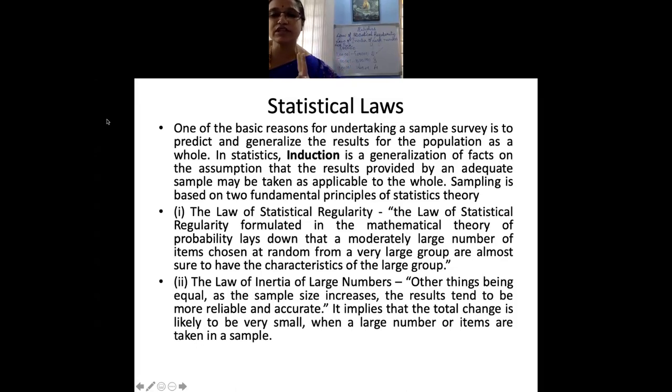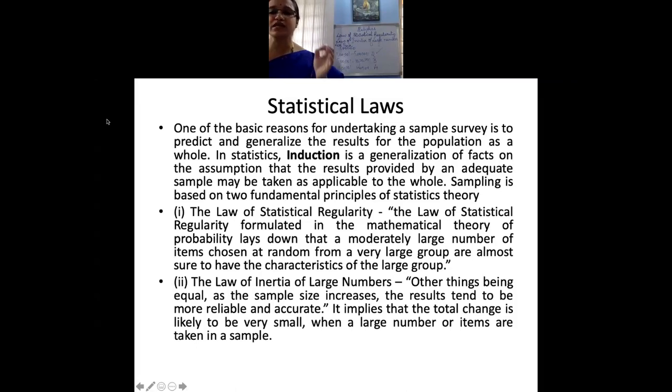For that, we have two statistical laws which are extremely important for us as researchers to know. The first law is the law of statistical regularity, and the second law is the law of inertia of large numbers. What is the first law? That is the law of statistical regularity. That law states that suppose you are taking a sample out of a population.